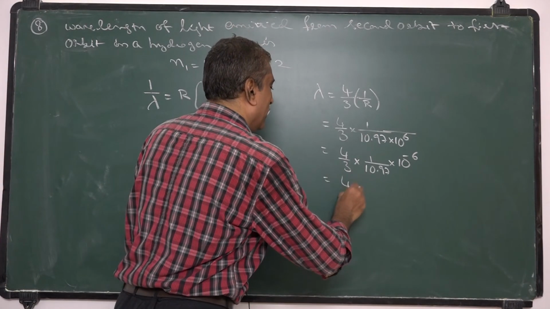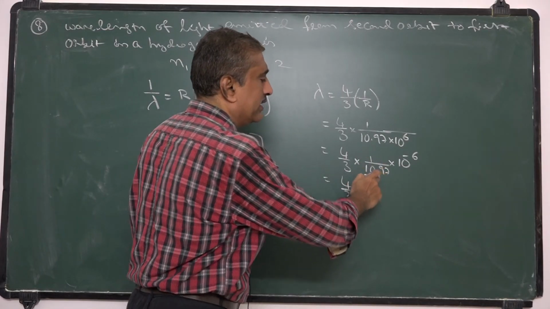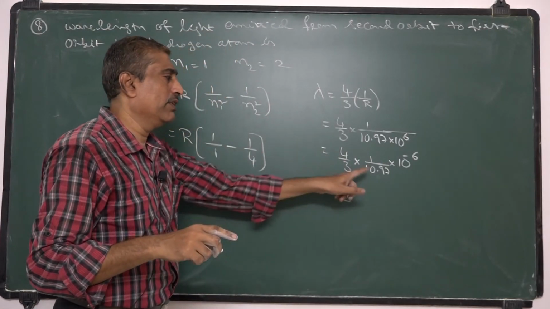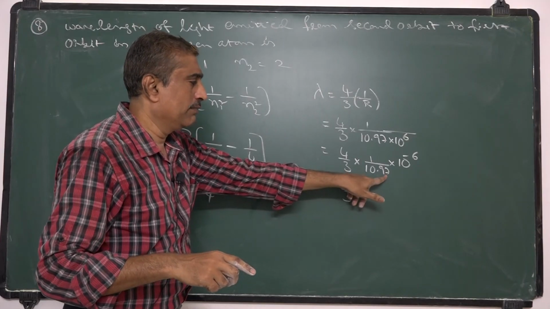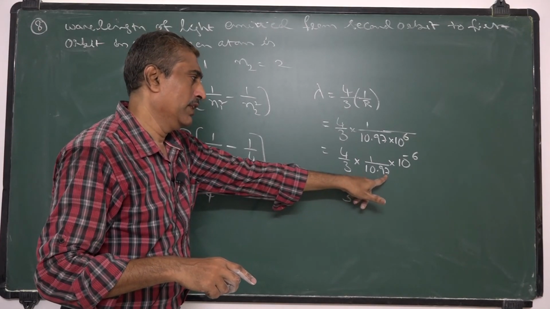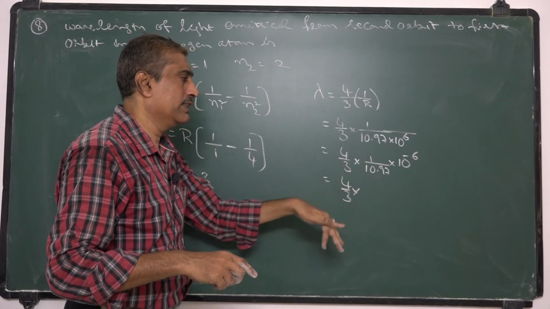This is 4 by 3. 1 by 10, if it is exactly 1 by 10, we can write 0.1, but it is 10.97, so it is less than 0.1.